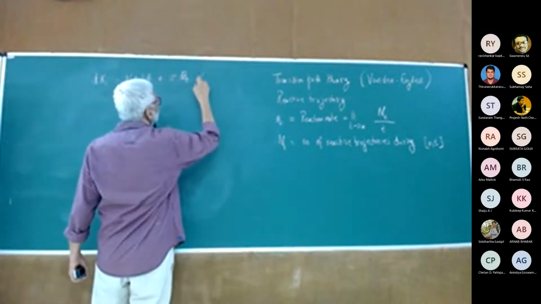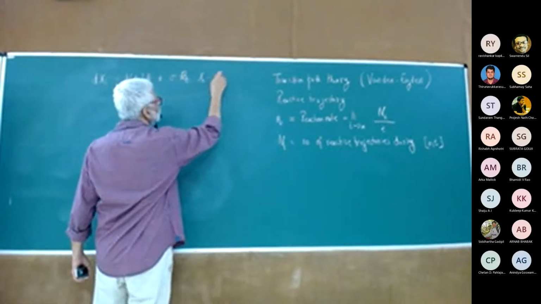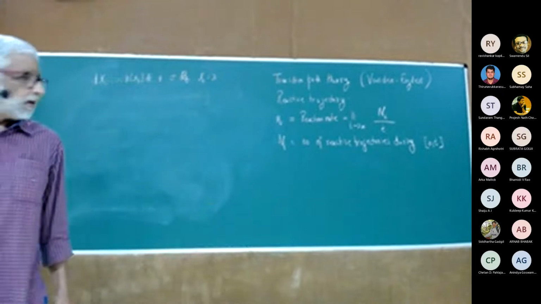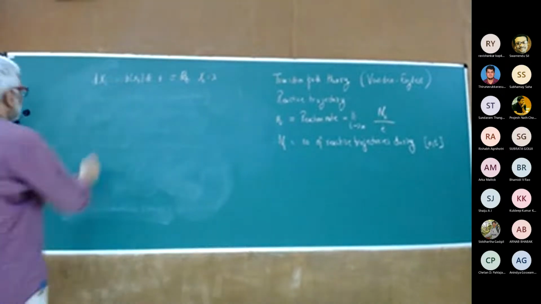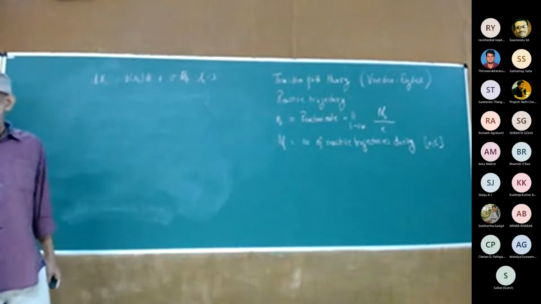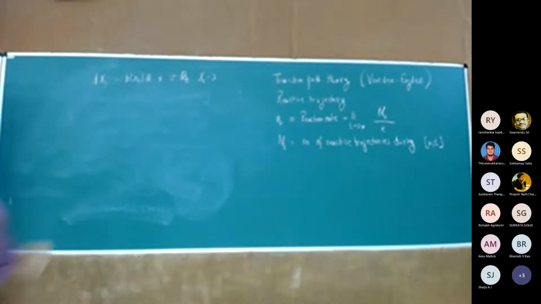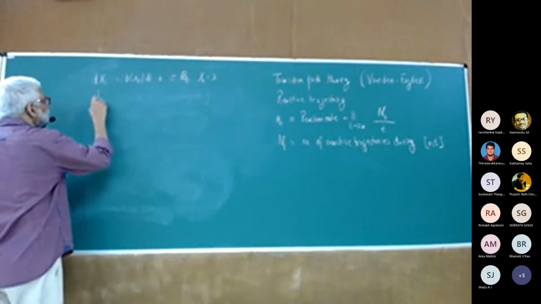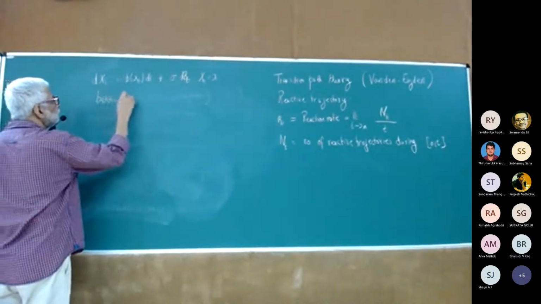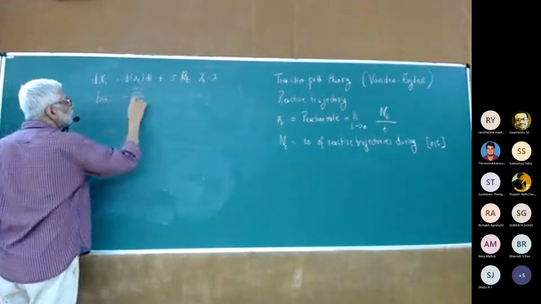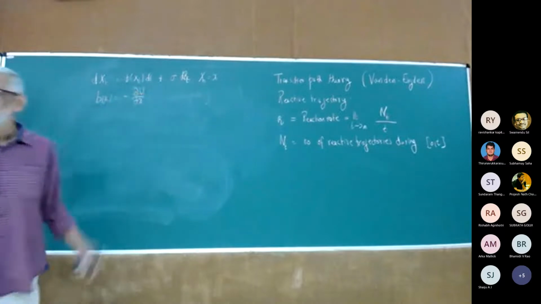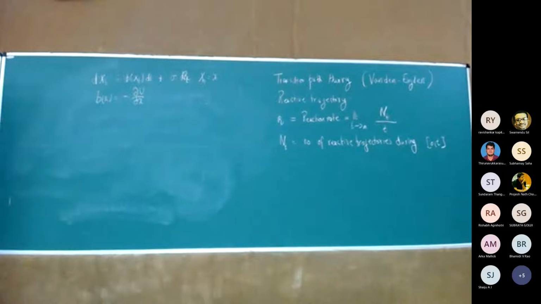Of course X_0 is equal to x. This function b is the derivative of a potential, so b is equal to minus del U by del x, and U is the potential that we are talking of.